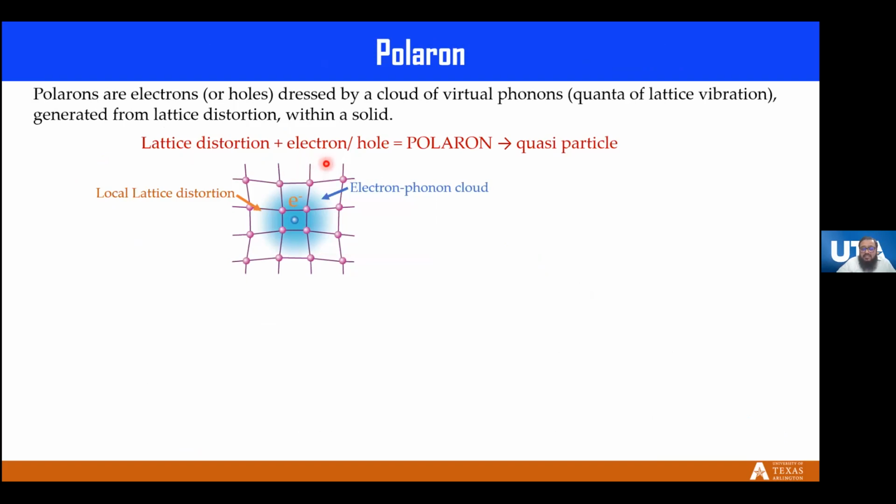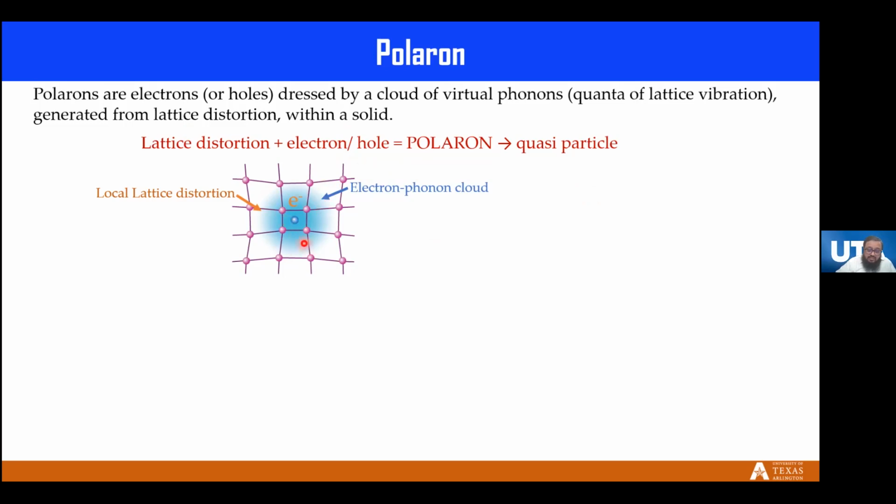That means, we know that at non-zero, finite temperature, there will be lattice vibration, which we call phonon. Then the electron can couple with the phonon, and that coupling together, we call a polaron. These are quasi-particles.